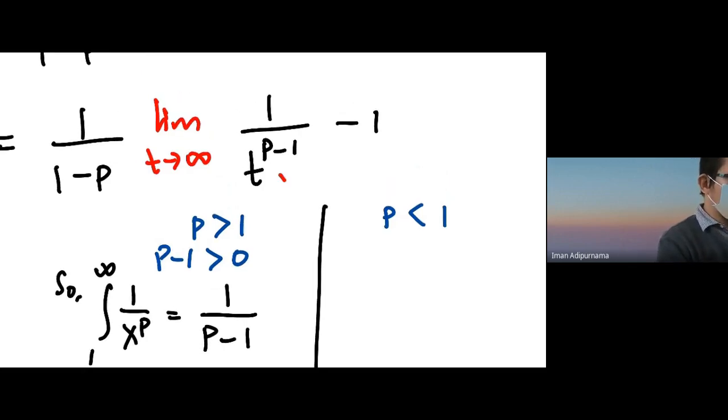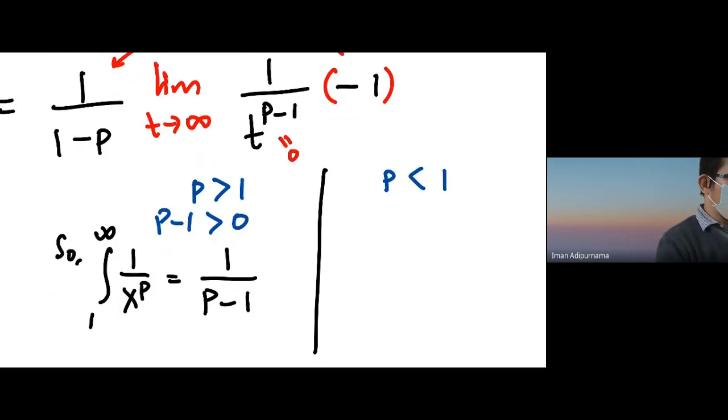So this part will be 0. We still have negative 1, and negative 1 goes here. That's why it's 1 over p minus 1.